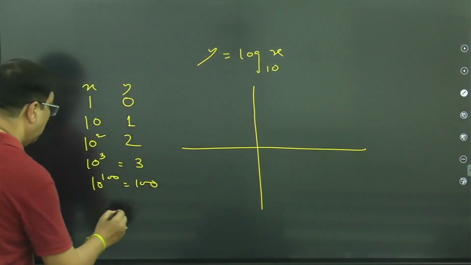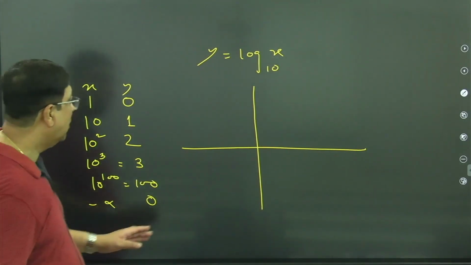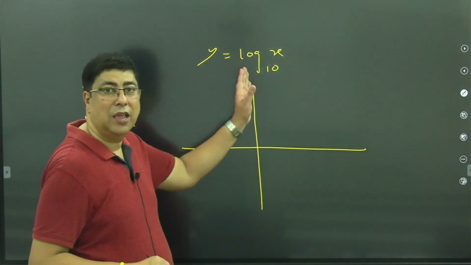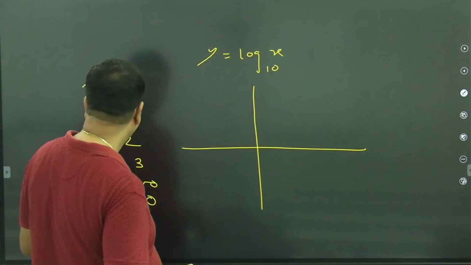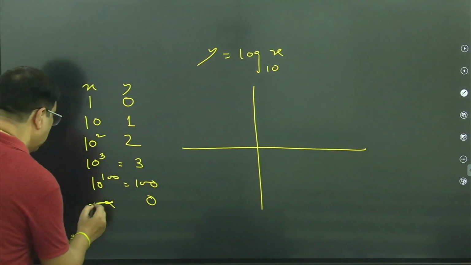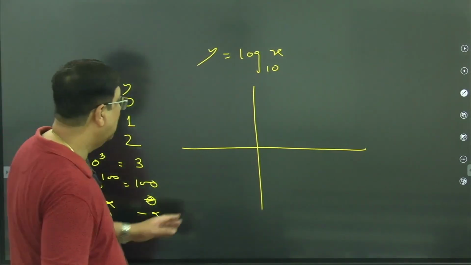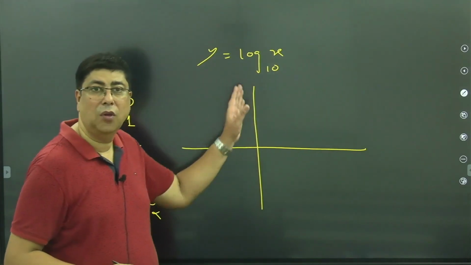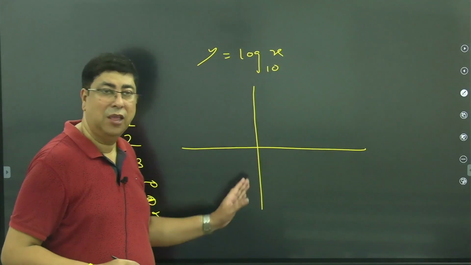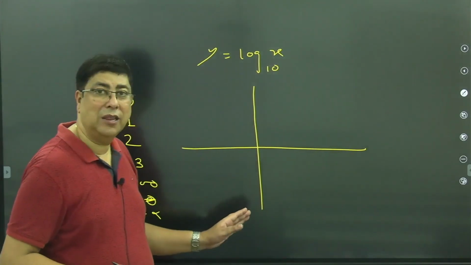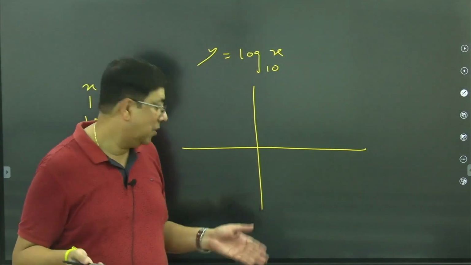So x is 0, y is minus infinity. सो x 0 मतलब ये y का लाइन, x 0 ये लाइन, y 0 ये लाइन. x 0 is this line, x 0 when y is minus infinity, पूरा लास्ट पॉइंट, इसका मतलब minus infinity does not exist, it's the last point.